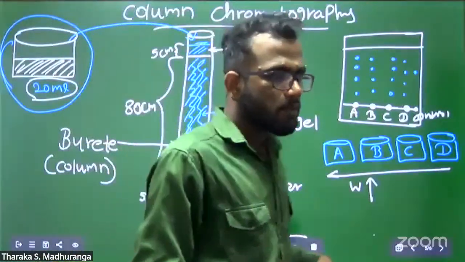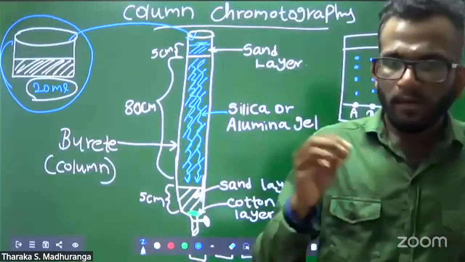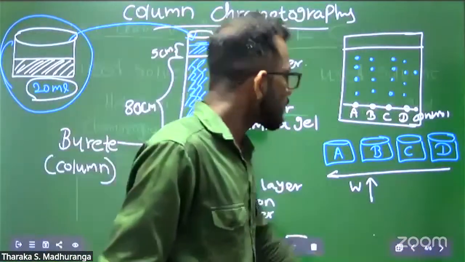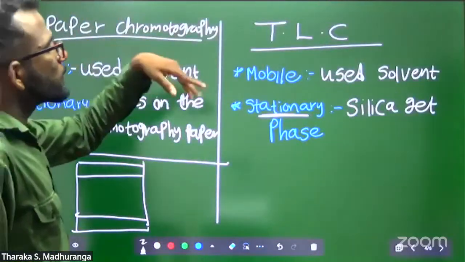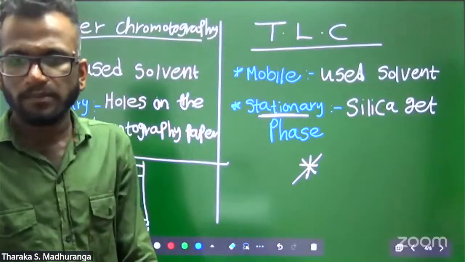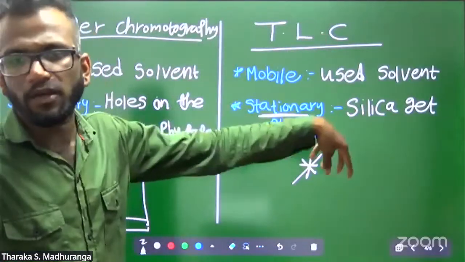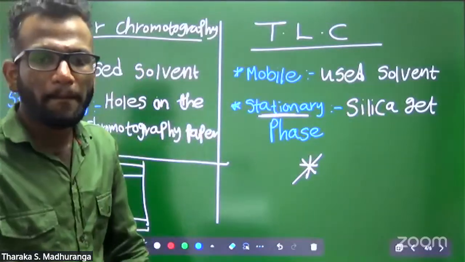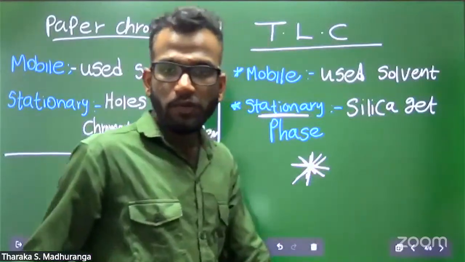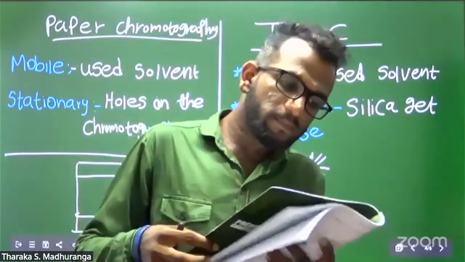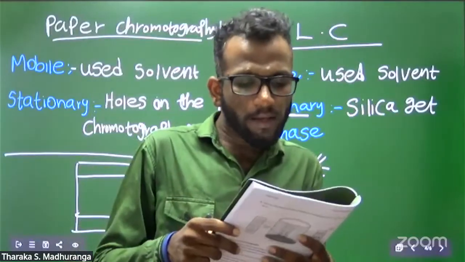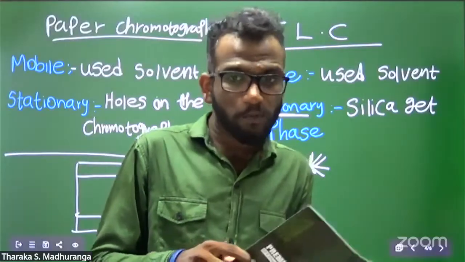Because when we consider thin layer chromatography and paper chromatography, the best method is thin layer chromatography. What is the reason? What do you think? What is the main advantage of thin layer chromatography? The separated tubes can be identified by examining them with thin layer chromatography.